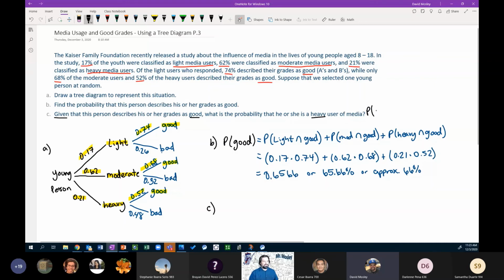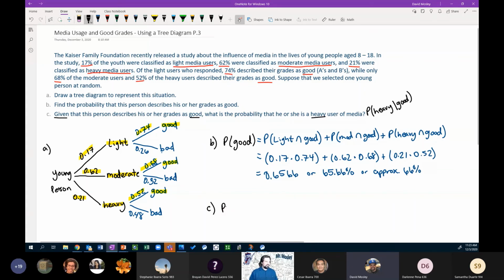So for this problem, we're finding out what's the probability of heavy given good. Again, I want to stress, you need to correctly identify what probability you're finding, what's a given, what's not given, before you can actually solve the problem. You can't just throw yourself into it.